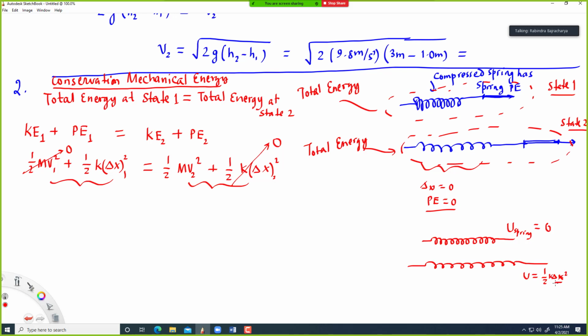This delta x is how much it is stretched. Or you can also compress the spring instead of stretching, and when you compress it, it will have potential energy. In both compression and elongation, you have potential energy, but if it is in its original state, then there is no potential energy. So when you release the spring, it comes to its original shape, so there is no potential energy.